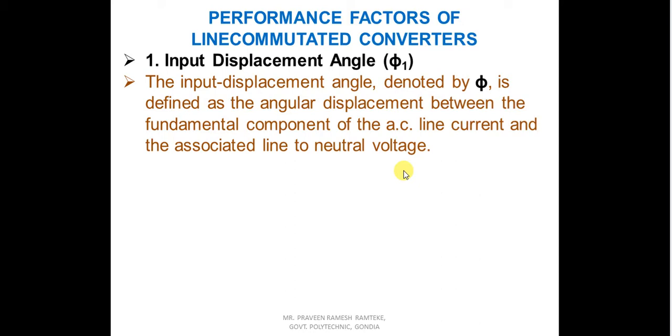In addition to the fundamental component, there can be harmonics. So we have to neglect the harmonics, only the fundamental component. What is the meaning of fundamental component? Suppose I give an example. Suppose the line frequency of domestic supplies in our country India is 50 hertz.